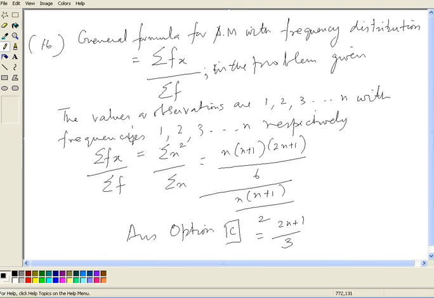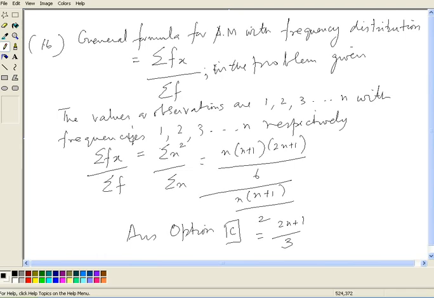In the problem given, the values or observations are 1, 2, 3 etc. up to n with frequencies 1, 2, 3 etc. up to n respectively. So sigma fx by sigma f will be equal to 1 into 1 plus 2 into 2 etc. That is sigma n squared by sigma n.